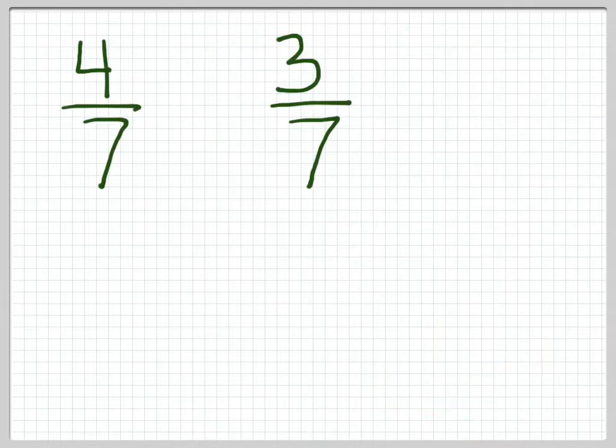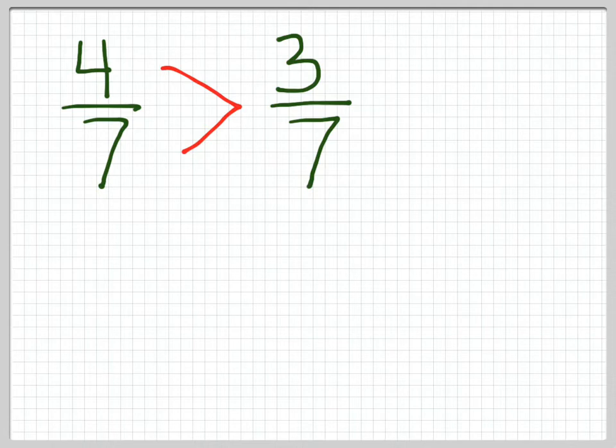Here's another example. If you have two fractions, 4/7 and 3/7, we can decide which one is bigger pretty quickly and easily, because you're comparing sevenths to sevenths, and if you have 4/7, you have more sevenths than if you have 3/7. It's like saying I do something 4 times a week versus doing something 3 times a week. Doing something 4 times a week is more, or greater than 3.